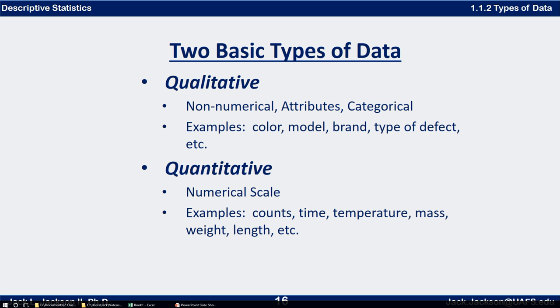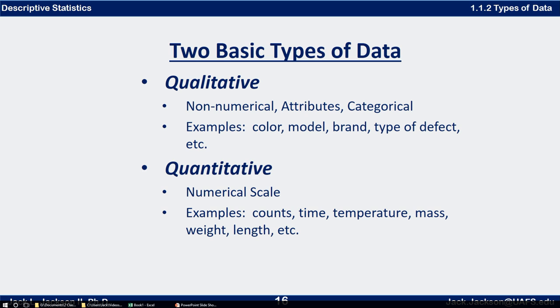The most basic thing we can do is divide data into two types, qualitative and quantitative. Qualitative data is non-numerical in its basic essence. It has attributes, and it is also called categorical data or attribute data. It may actually have a number to it, but that number doesn't necessarily measure or count anything.